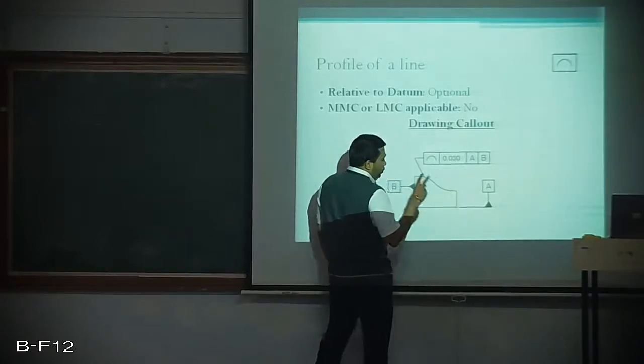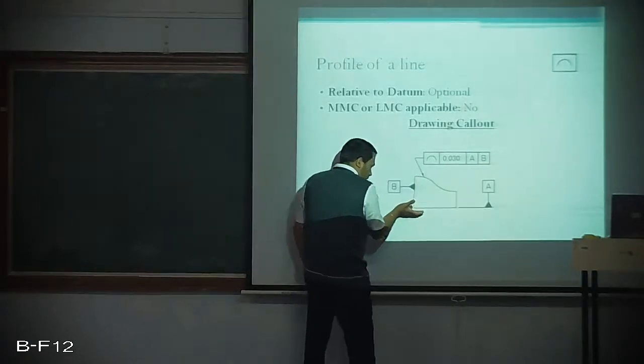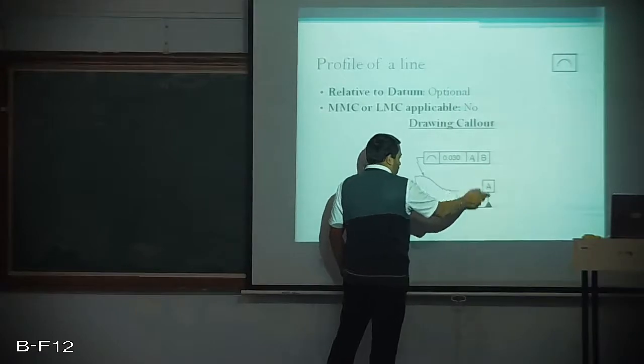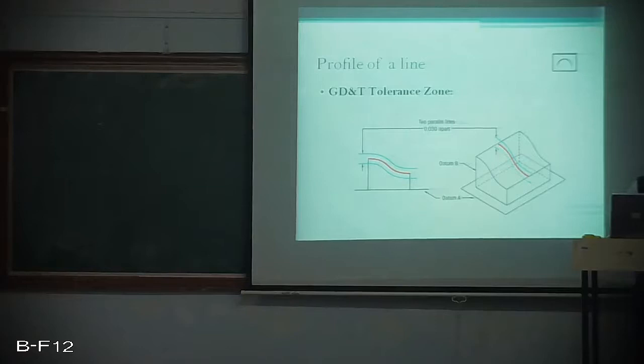With respect to two datums, it needs to be represented with respect to this surface as well as this surface, that is datum B and datum A, which is represented by A and B. So this is how it looks like.